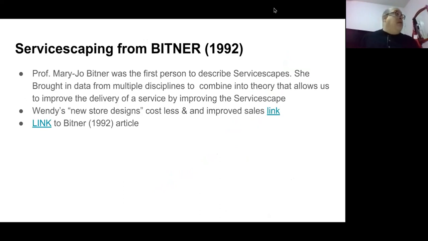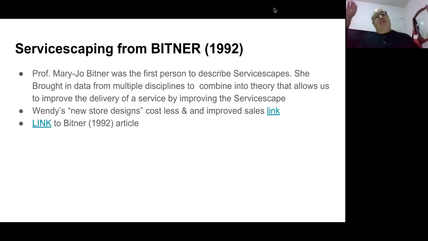Wendy's, the burger chain, starting 3 or 4 years ago, started designing new restaurants. They tested them, obviously. Their older, old-fashioned looking restaurant cost about $750,000 per store. The new design costs less, only about $500,000, still quite a bit of money.